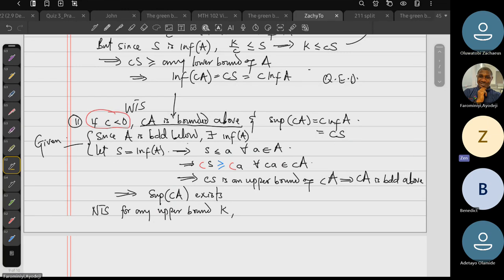They are both upper bounds. If we want to show that CS is actually the supremum, what must we show? CS must be less than or equal to K. Exactly. So CS must be less than or equal to K. This is what we want to show.